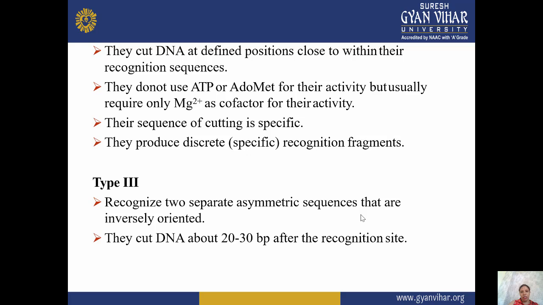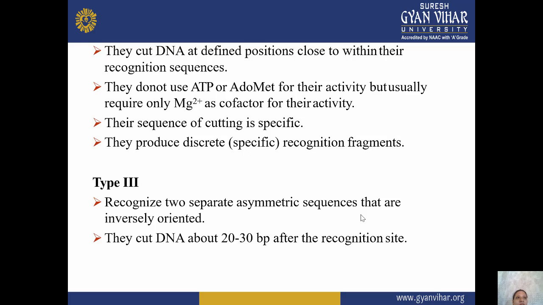Now the type 3 restriction endonuclease. This is the third type of restriction endonuclease. It recognizes two separate asymmetric sequences that are inversely oriented, and they cut DNA about 20 to 30 base pairs after the recognition site.